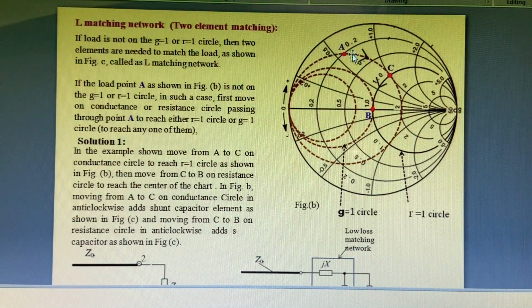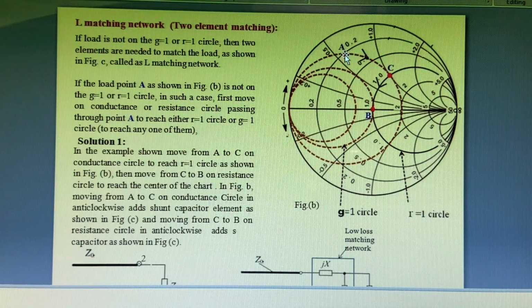You can move on the conductance circle either clockwise or anti-clockwise, or on the resistance circle clockwise or anti-clockwise.